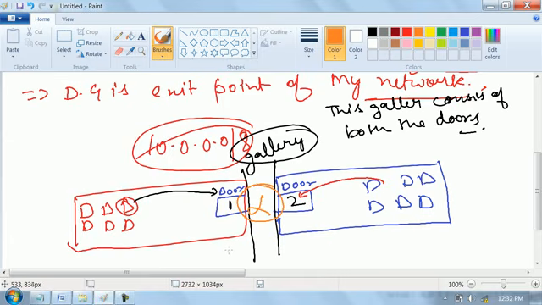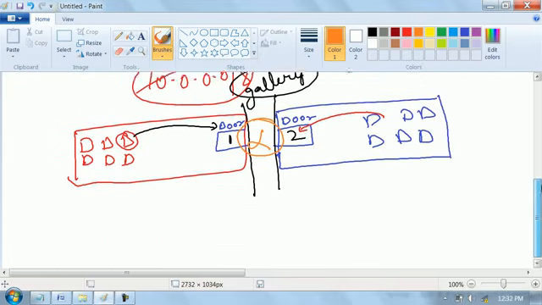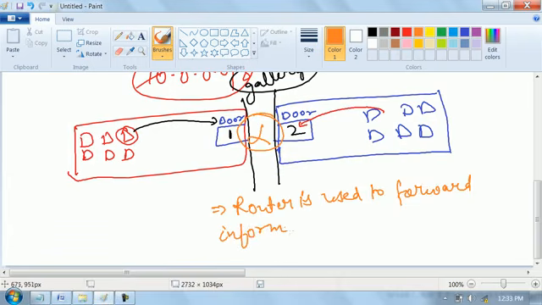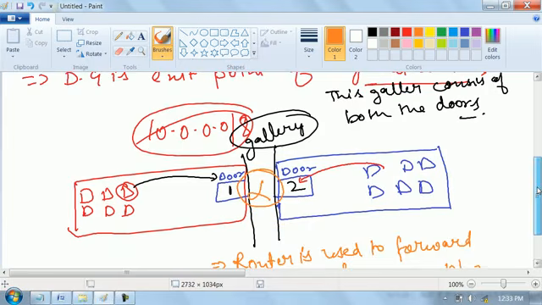What is the use of a router? A router is used to forward information from one network to another network. Now guys, just tell me one thing.